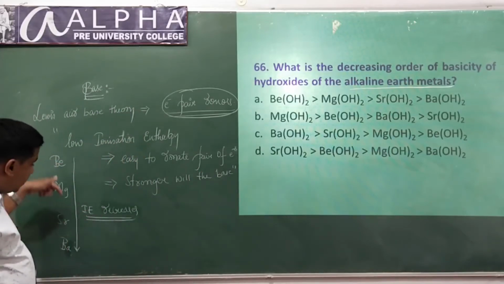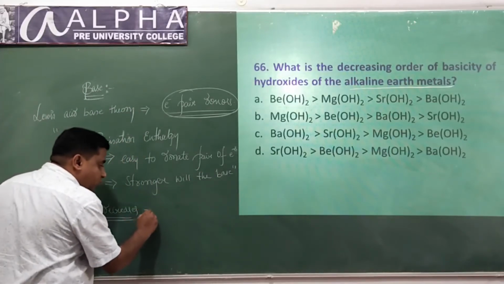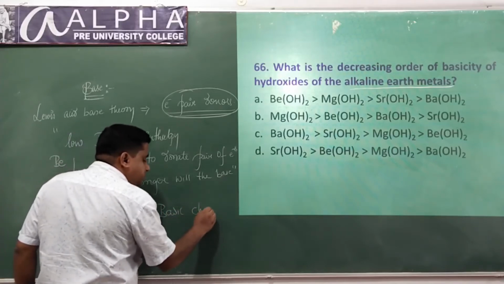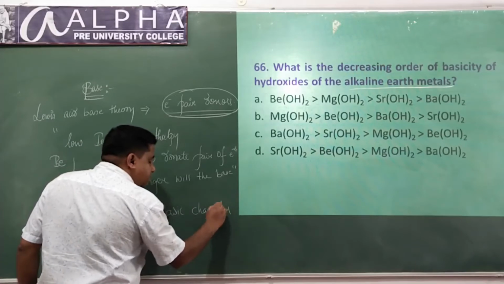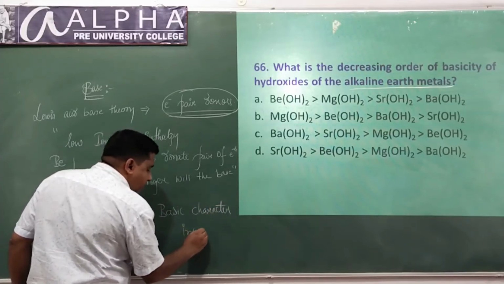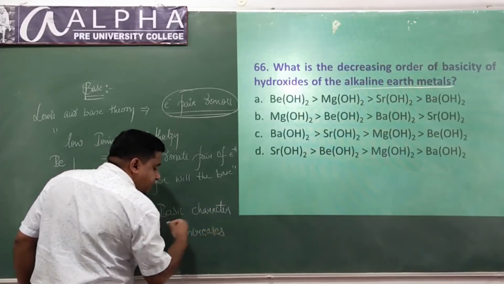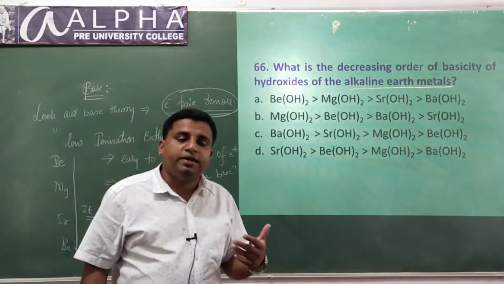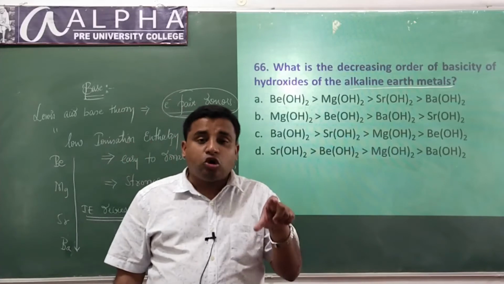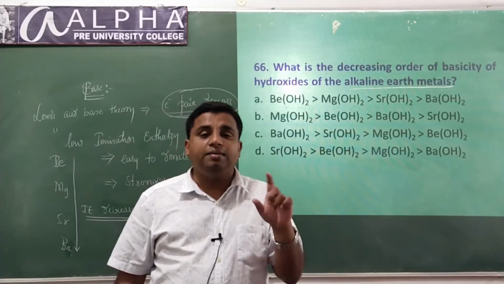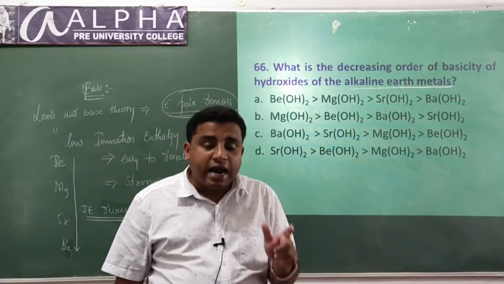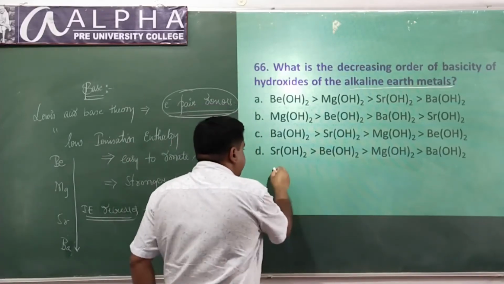Therefore, can I say that down the group basic character increases. It might be the basic character of oxides or the basic character of hydroxides. Both oxides and hydroxides of alkali metals and alkaline earth metals are strong bases. Oxides and hydroxides, I'll write it here.